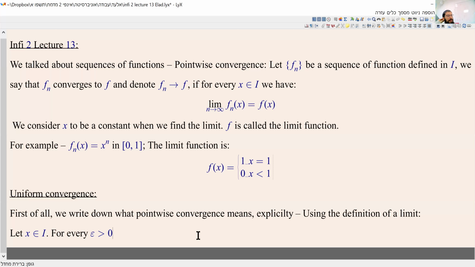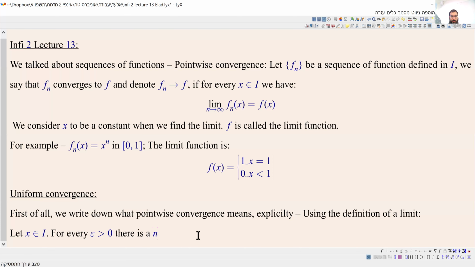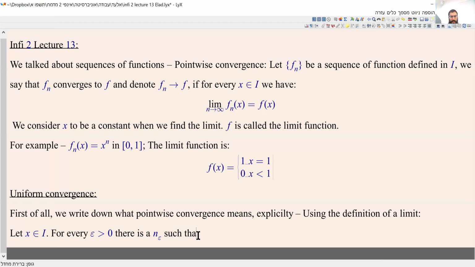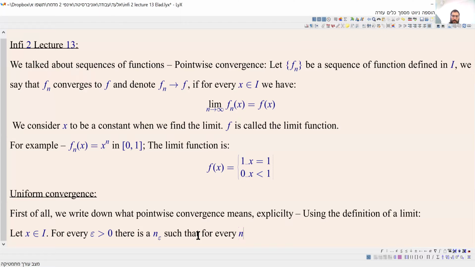So, as of the course, the first time we saw epsilon, it's about time. For every epsilon greater than 0, there is an N epsilon, that's how I denote it, maybe others denoted it with capital N or N0, such that for every n greater than N epsilon, we have that the distance between fn(x) and f(x) is smaller than epsilon.